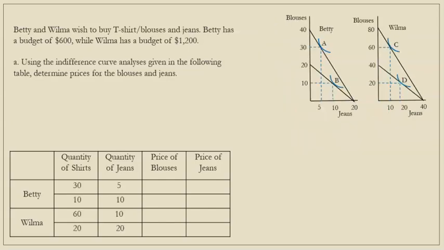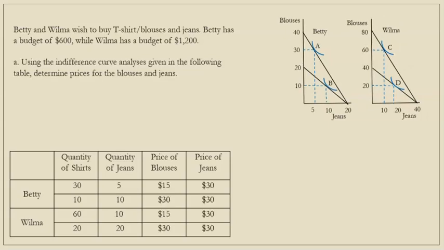Here are the answers you should have come up with. Betty had 30 blouses and 5 jeans, and that is given at point A. And you should have been able to fill this side of the table in. So now go ahead and hit pause again and see if you can figure out the prices of those given this table.